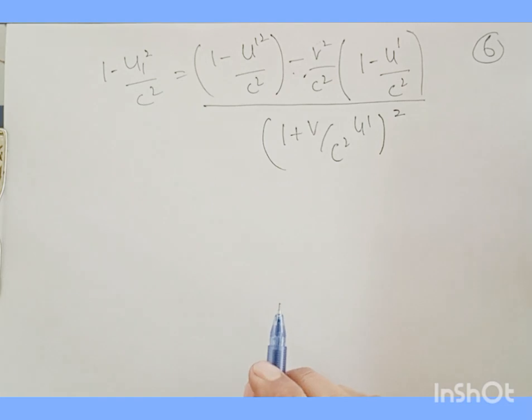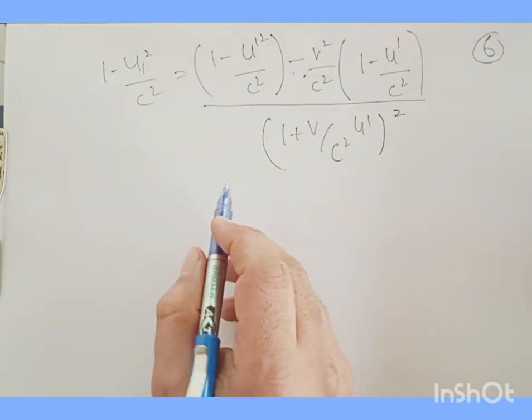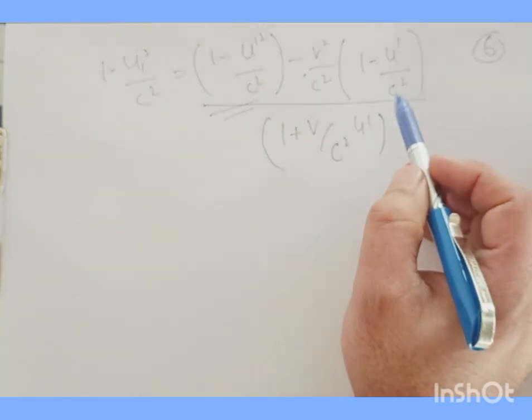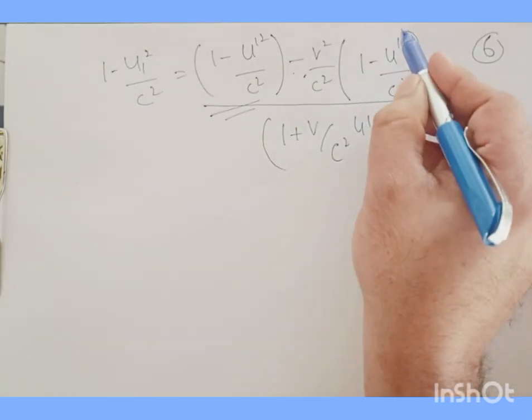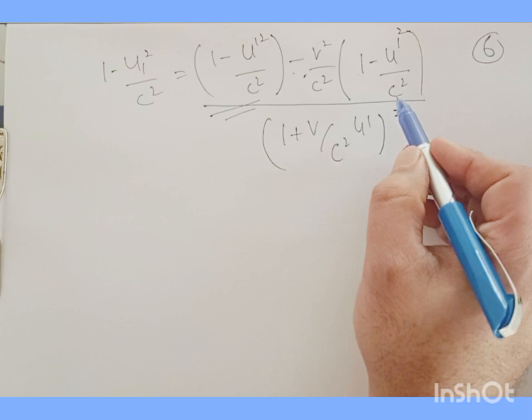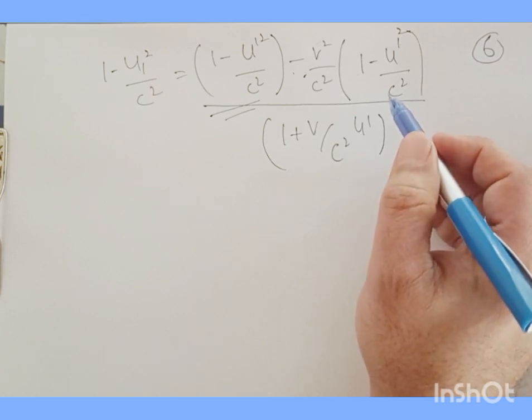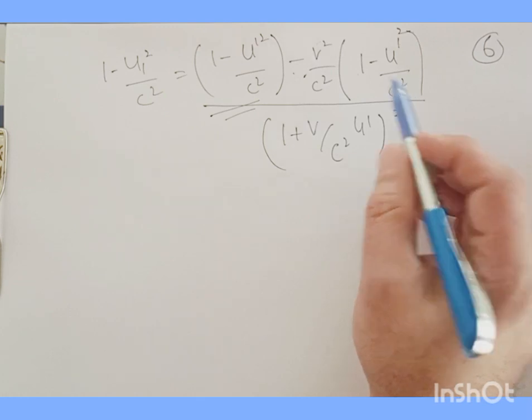Proceeding in the same fashion, we can see here that we have 1 minus u dash square by c square in both terms. Out of these two, they are common.